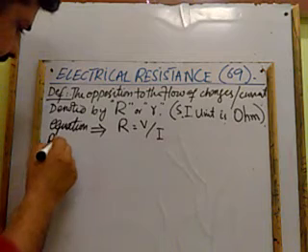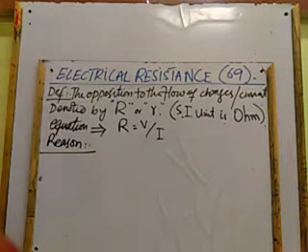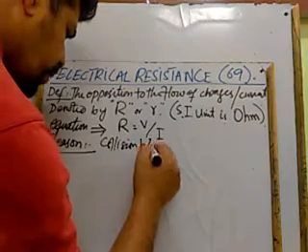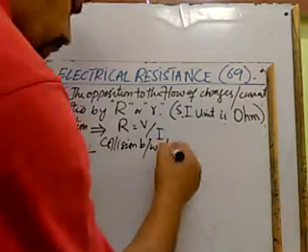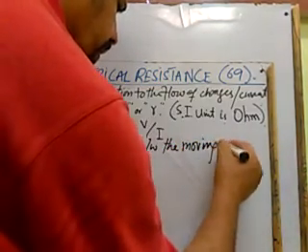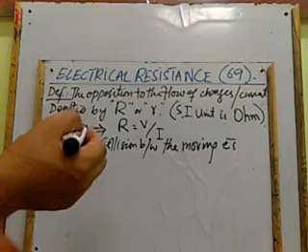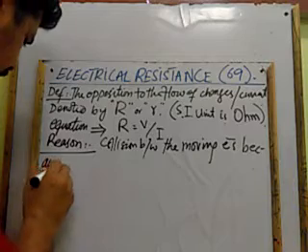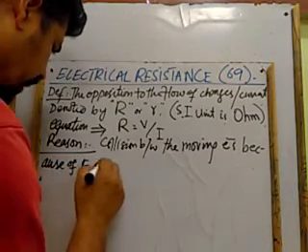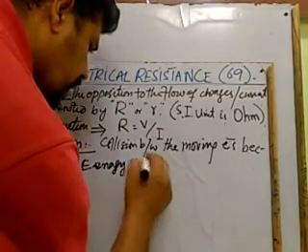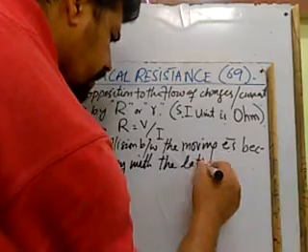What is actually the reason of resistance? The reason of the resistance is basically the collision between the moving electrons in a conductor, because of electrical energy provided to the conductor, with the lattice atoms.